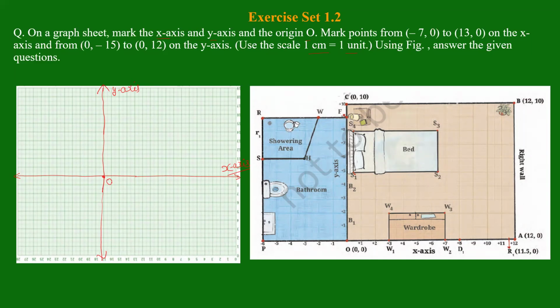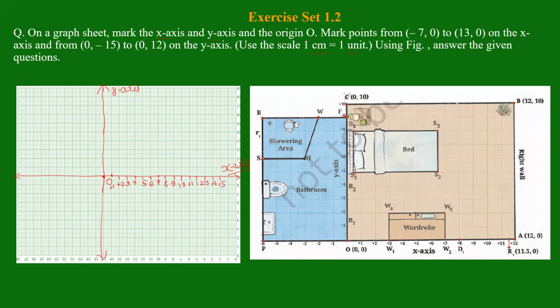Okay. So this is the origin. Now on the x-axis, we'll take the points. Here this is +1, this is +2, 3, 4, 5, 6, 7, 8, 9. This is 10, 11, 12, 13, 14, 15.